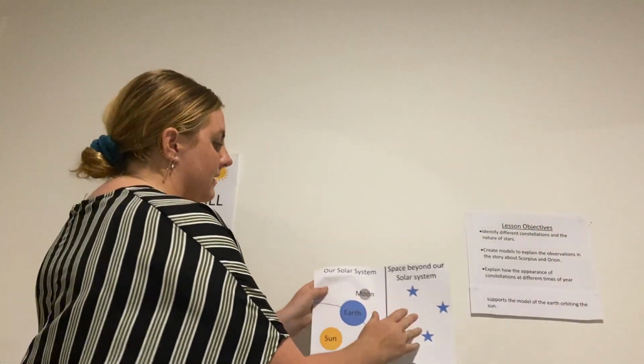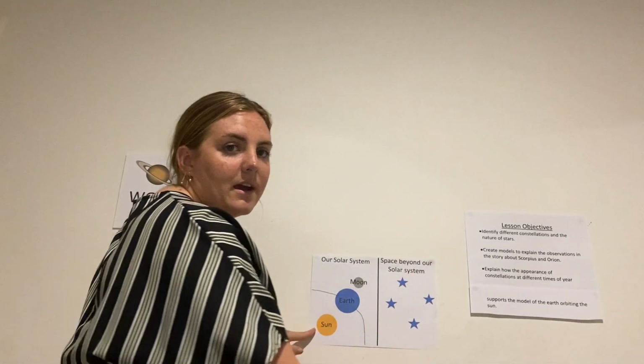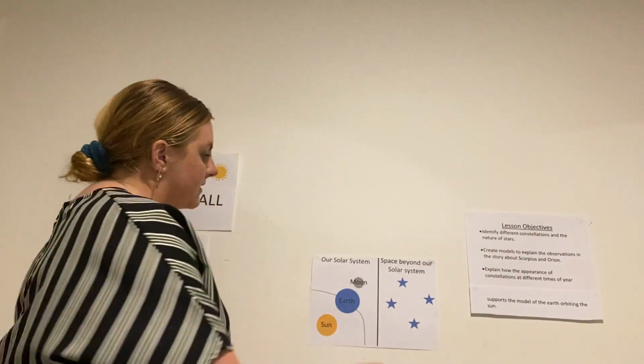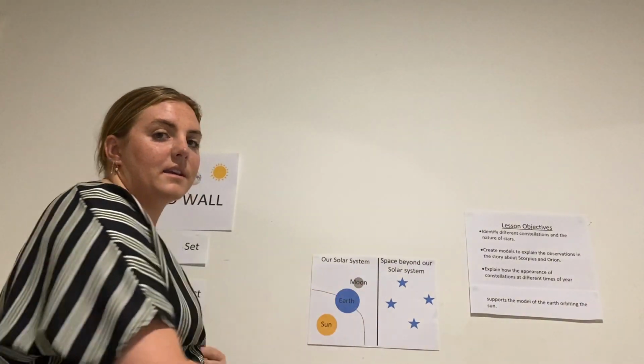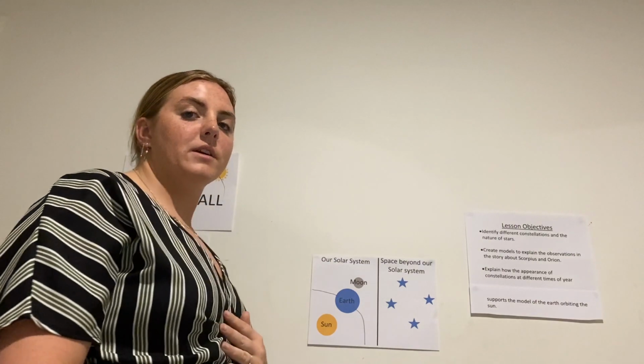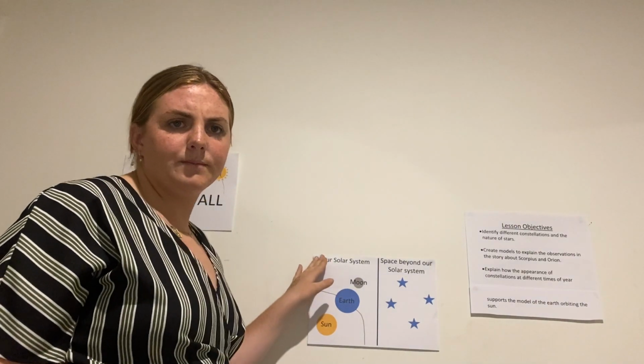So I'm going to put this up here so we know how we're going to set out our classroom. See how we have our solar system here? We know that the stars aren't in our solar system, and we know this from our previous lesson where we have learnt that this is not the case.